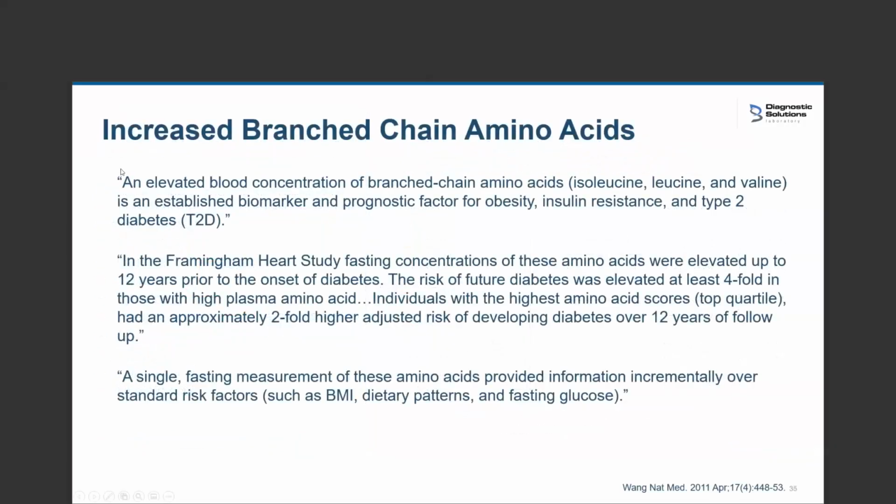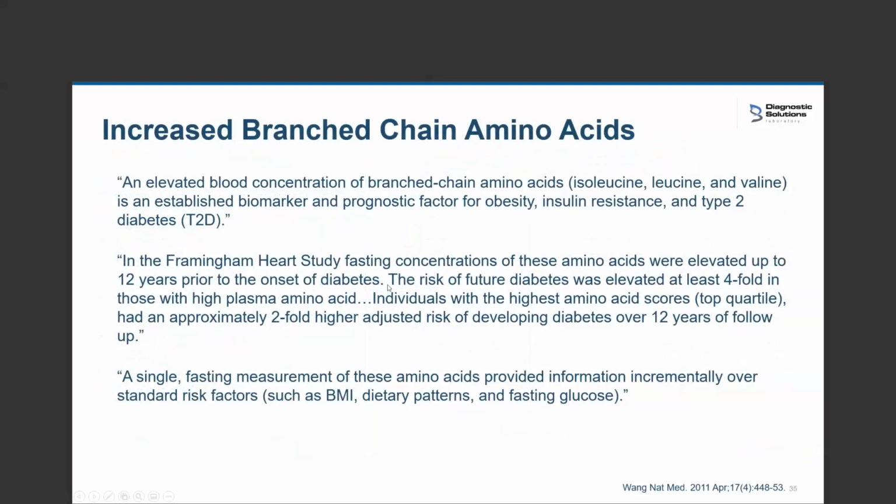So there's a lot of evidence. Elevated blood concentration of the branched chain amino acids is an established biomarker and prognostic factor for obesity, insulin resistance, and type 2 diabetes. The Framingham Heart Study found that fasting amino acid levels of these branched chains were elevated up to 12 years prior to diabetes.